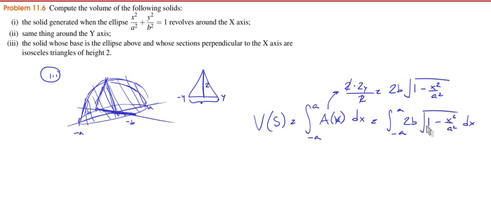Now this is one of those integrals in which we have the square root of 1 minus something squared. We have to write x equals a times the sine of theta, or x over a is the sine of theta, so that the square root of 1 minus x squared over a squared is the cosine of theta. And so dx is a times the cosine of theta d theta. And now we have 2b.